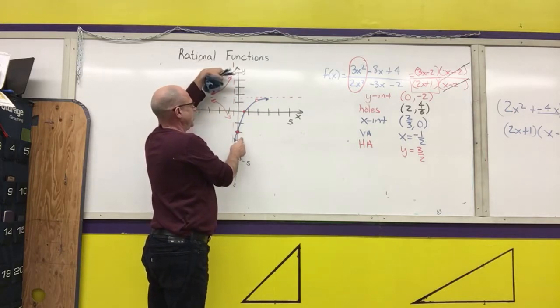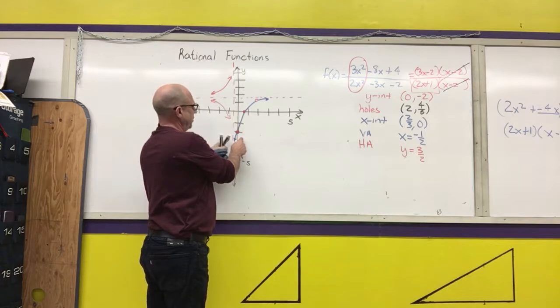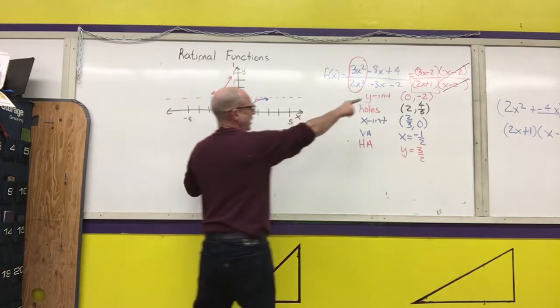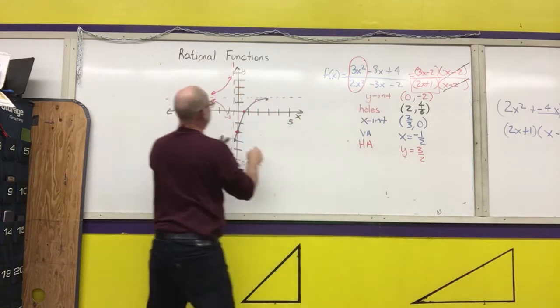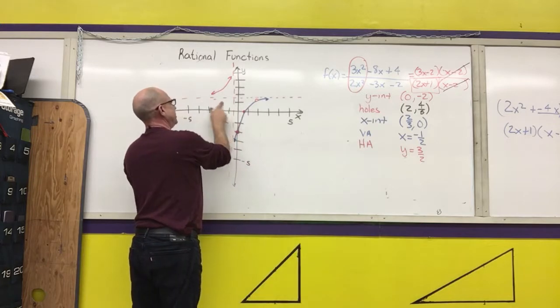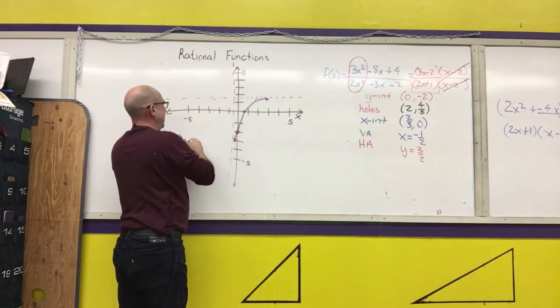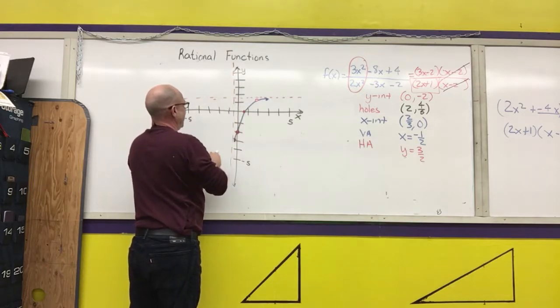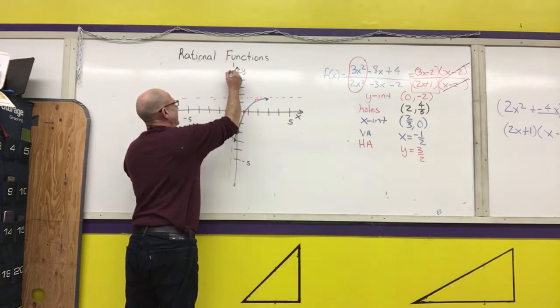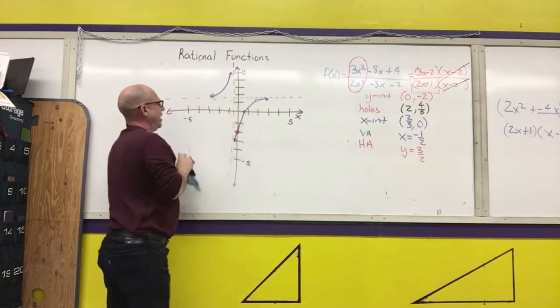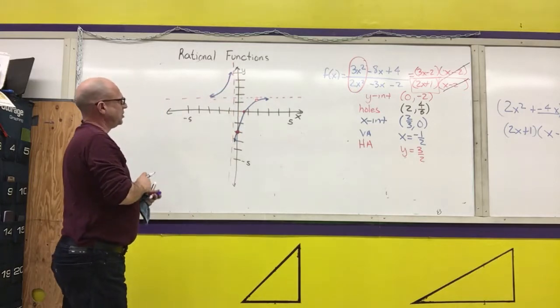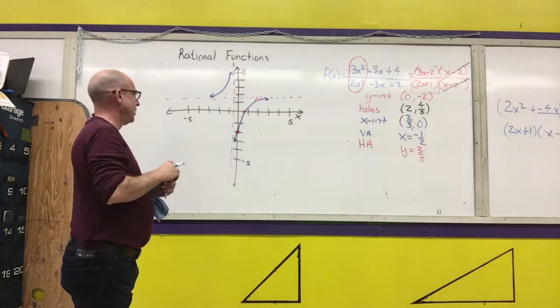So a shortcut you can use is figure out what the multiplicity of your vertical asymptote is. My multiplicity is odd, so I'm going to say that it's going to have to approach on opposite sides. And I would have this as the sketch of the graph of the function.